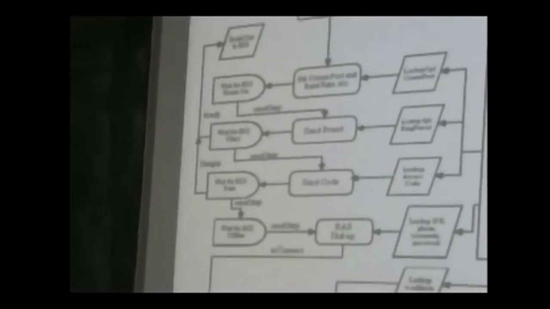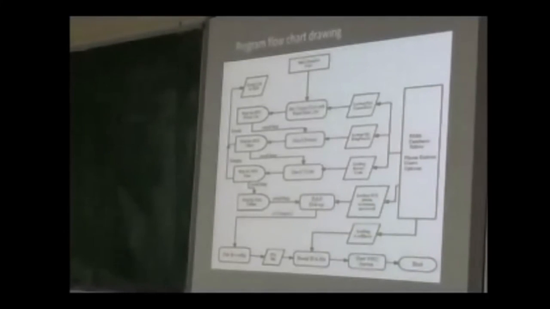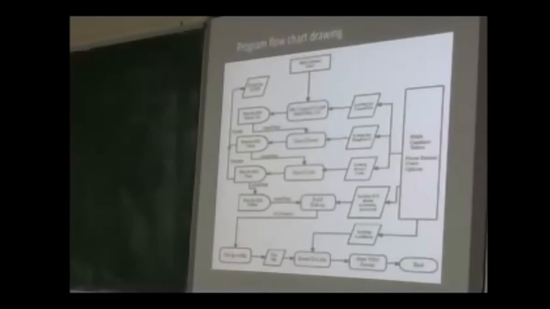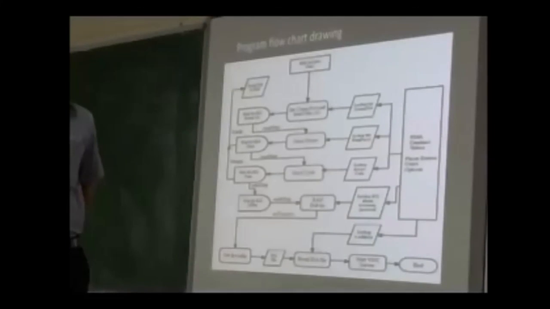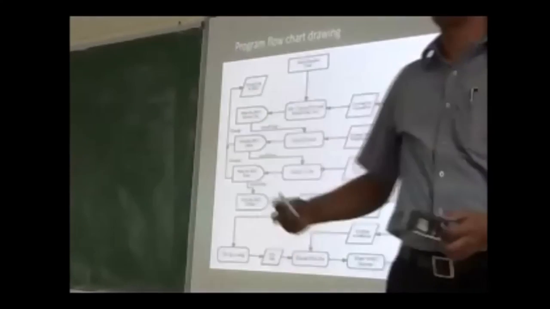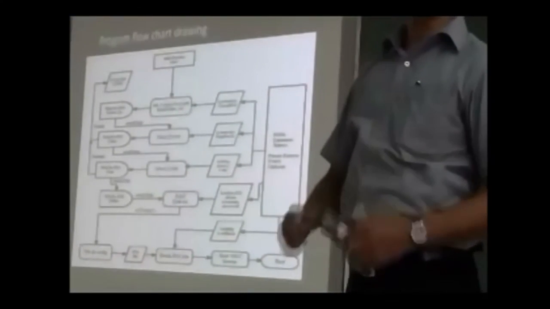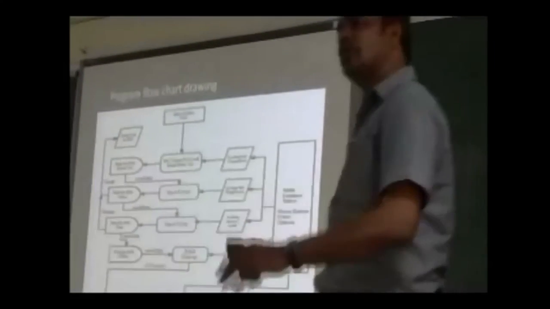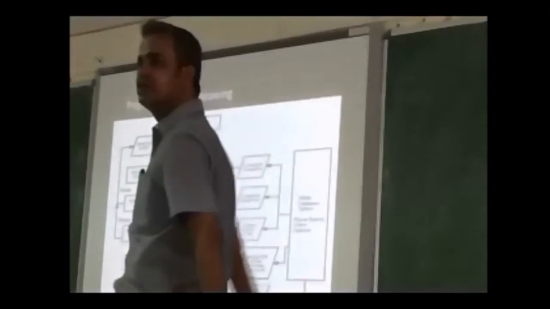And this is a flow chart. Why am I saying this is a flow chart? It is not drawn as per any principle. You don't have standards to draw it. But as far as a programmer is concerned, he will be writing some program. It will be stored in a system.